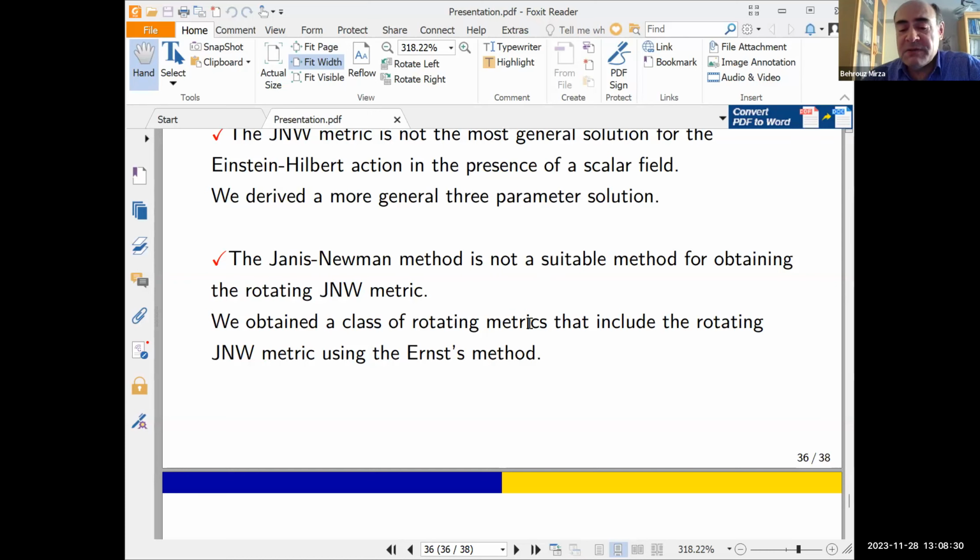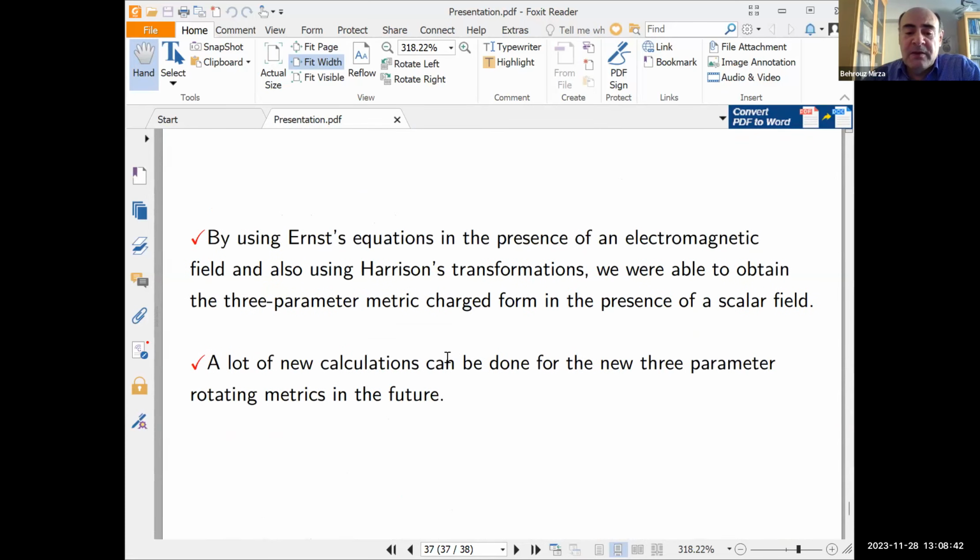We obtain a class of rotating metrics using the Ernst method that satisfies the correct equation of motion. By using the Ernst equations, we can find the charge form of the metric. Of course, a lot of new calculation can be done for these new three-parameter rotating metrics in the future.